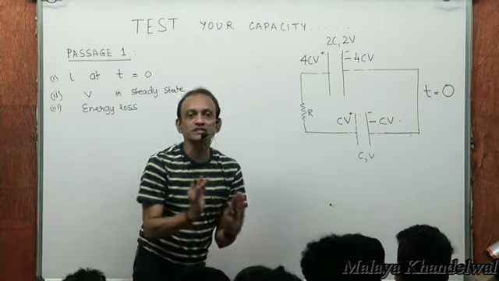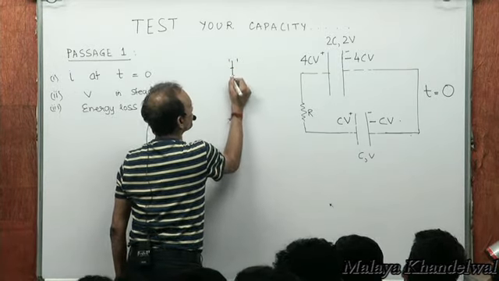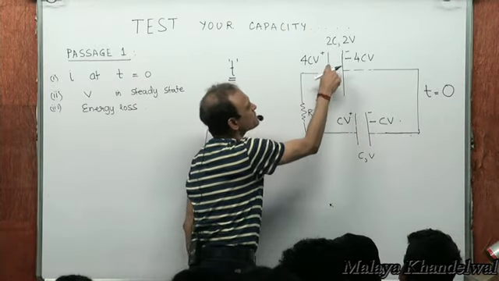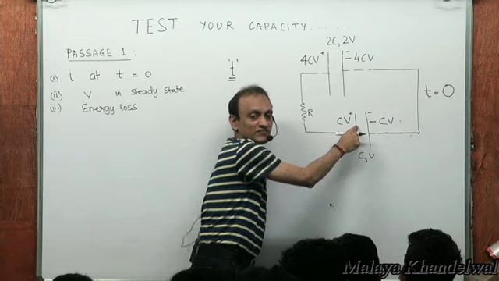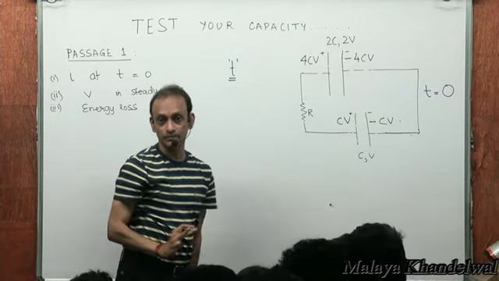So, at an instant t after t equal to 0, the total charge on this plate plus this plate will always be 5CV.